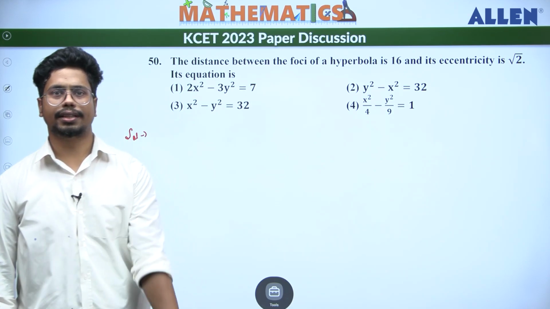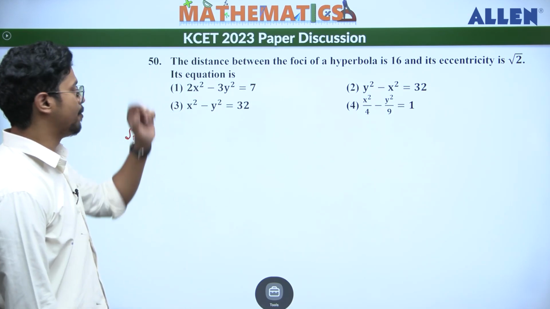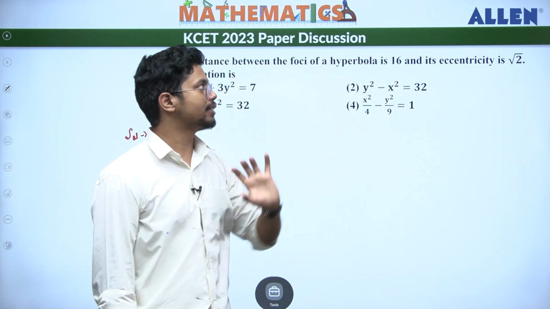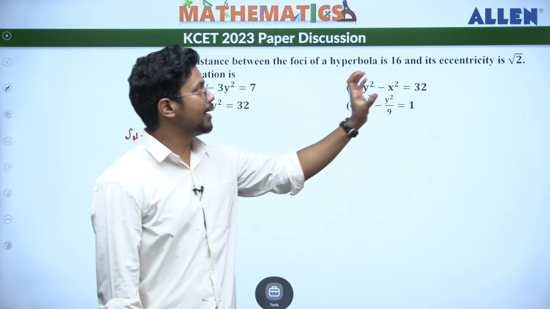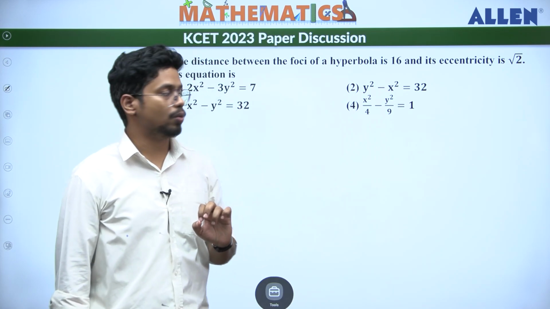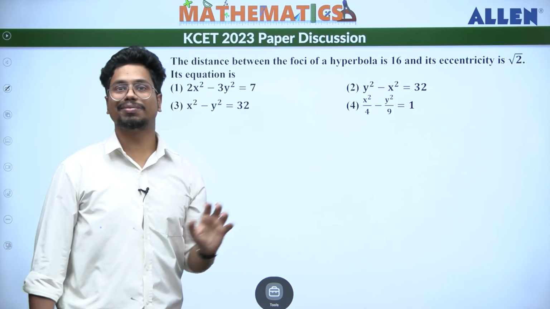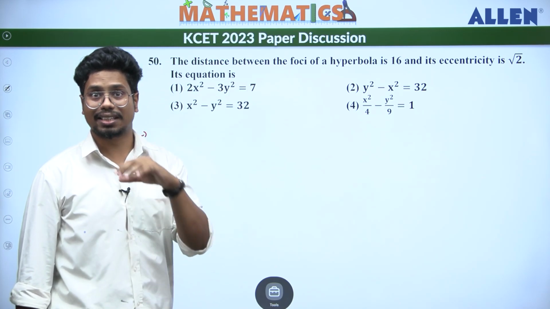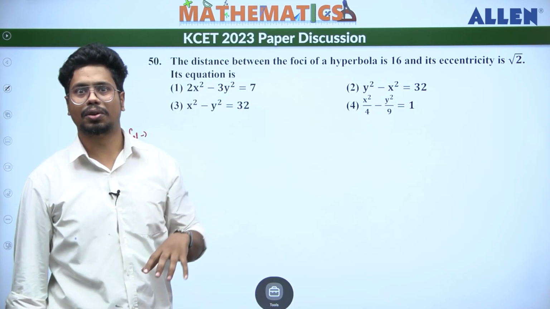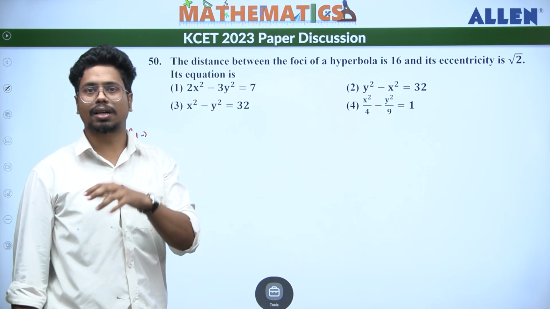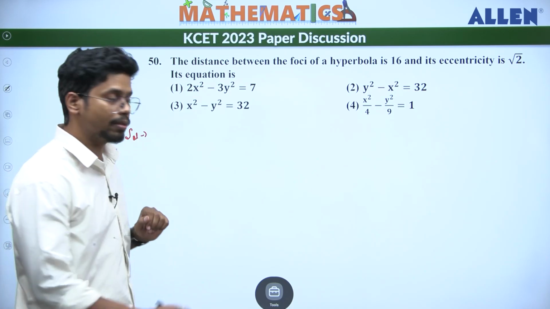Now we are going to see the solution of question number 50, which says that the distance between the foci of a hyperbola is 16 and the eccentricity is √2. Then find the equation of the hyperbola. Now, since nothing is mentioned about the axis, whether it is parallel to the x-axis or the y-axis, nothing is mentioned about the transverse and conjugate axis, there are two possibilities.